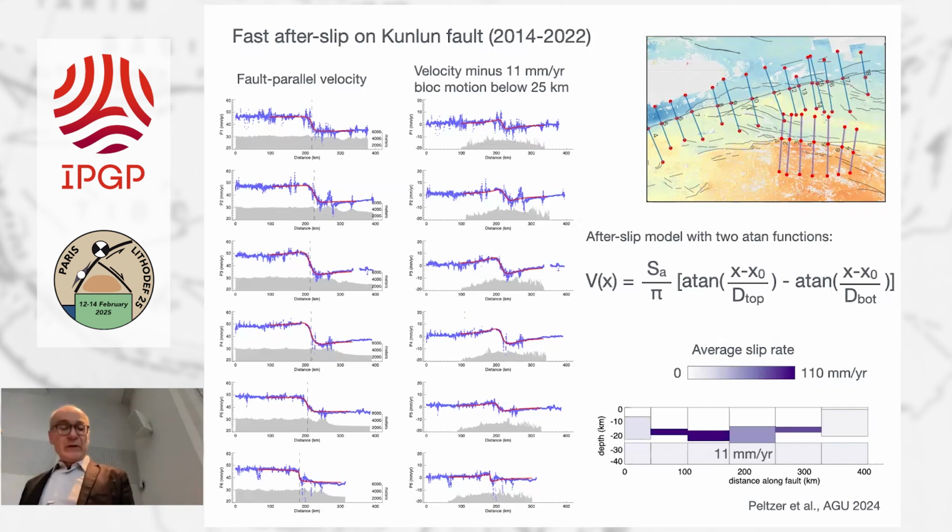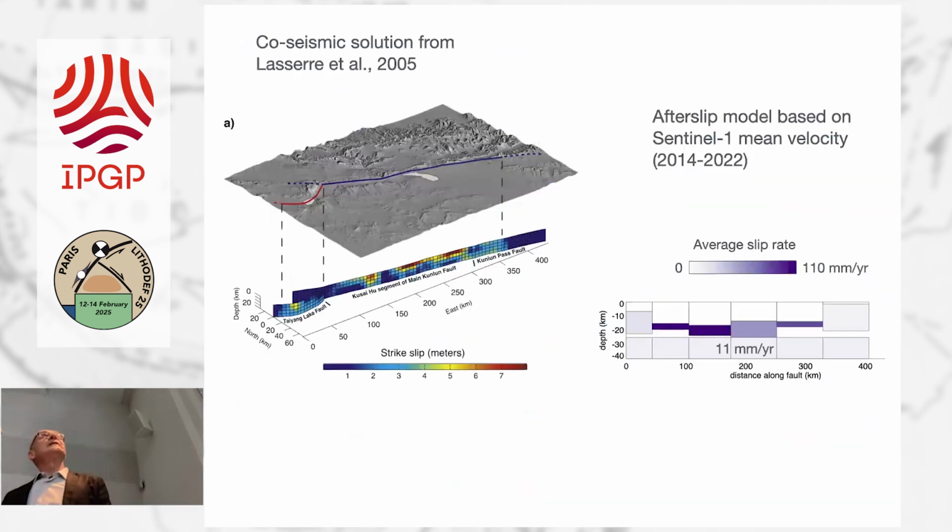So if you look at that figure compared to Cécile Lasserre's post-seismic solution of the recent Kunlun earthquake, you notice that the co-seismic slip occurred down to a depth of about 15 to 20 kilometers, and the patch of this fault which is activated since then is really bordering quite nicely the base of the seismogenic zone, the part that broke during the 2001 earthquake.